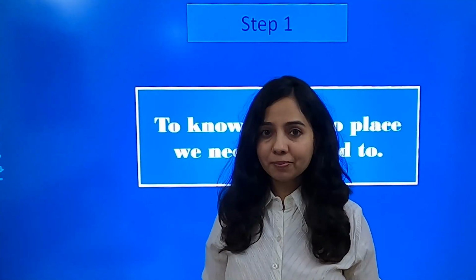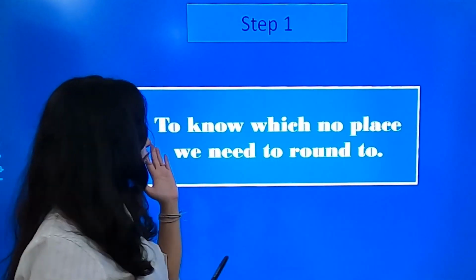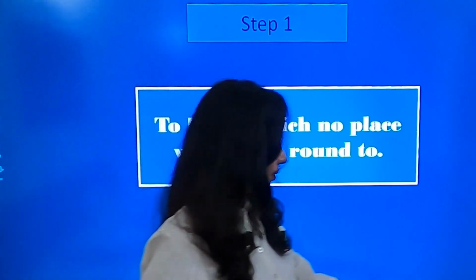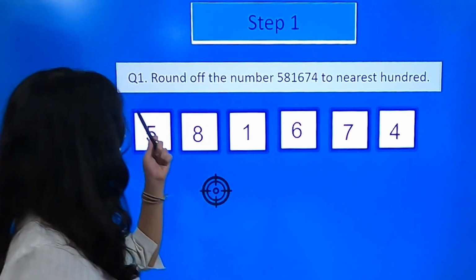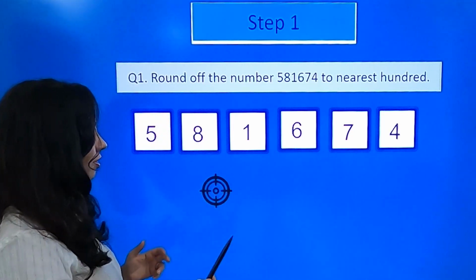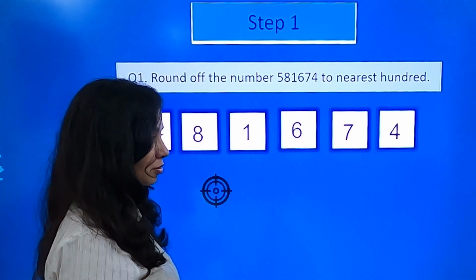Let's start with the procedure. Step 1 is to know which number place we need to round to. What does it mean? It means that, for example, in this question, round off the number 581674 to nearest 100.